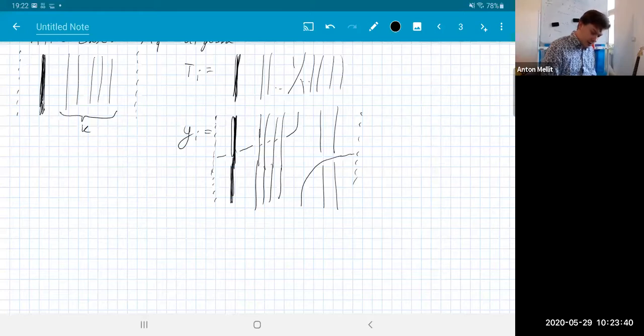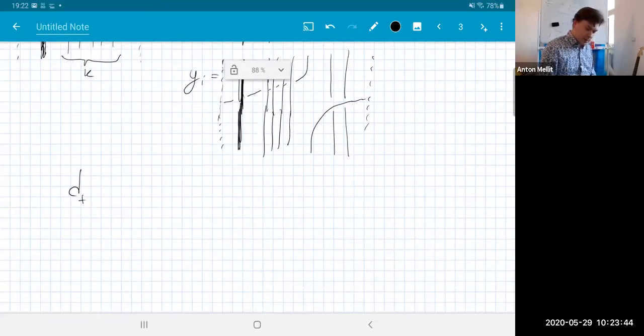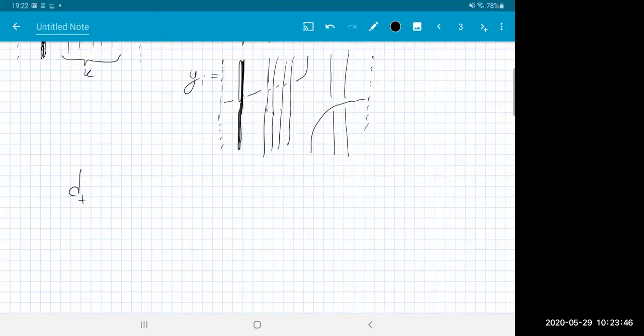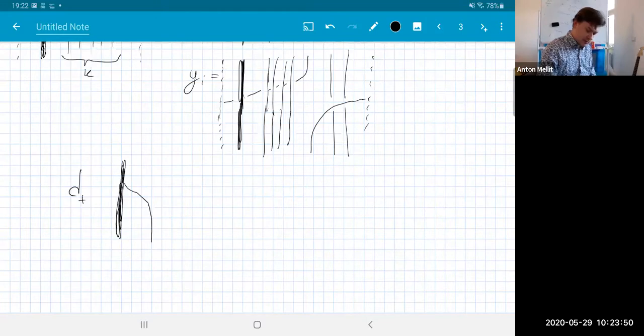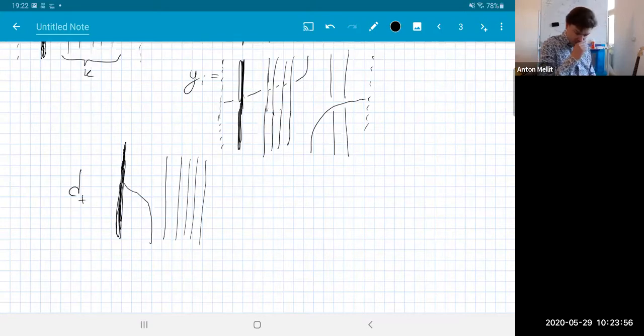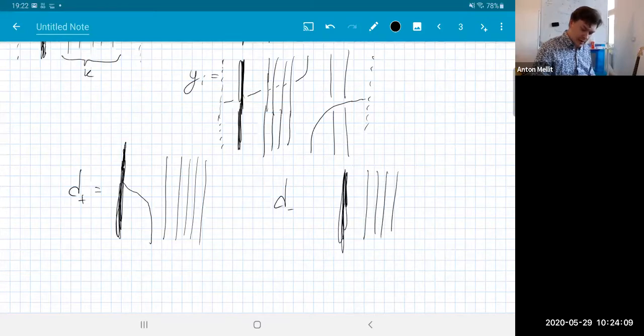And then how do I draw D plus? D plus is similar. But for D minus, I want to have a little twist. I kill the last strand.